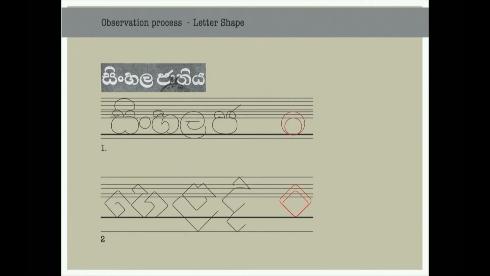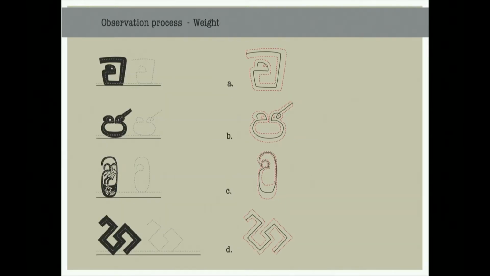The next stage was how the letters themselves have their own shape. It's not always circular, even though it will fall into a circular letter, but it has been given different formations.